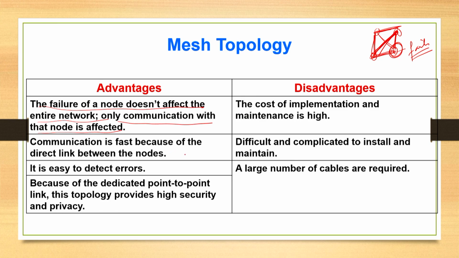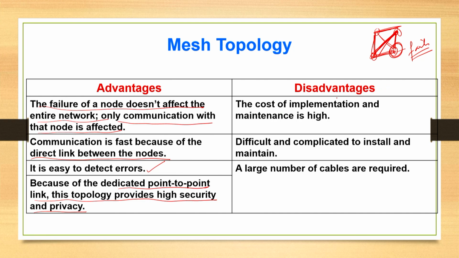Communication is fast because the nodes are directly linked with each other. It is easy to detect errors, and because of the dedicated point-to-point link, this topology provides high security and privacy. It has some limitations also.